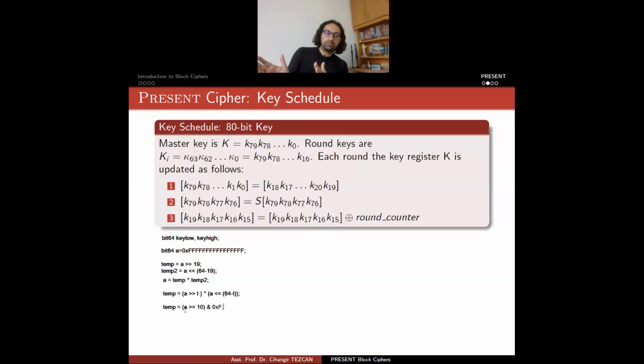Once you shifted 10 bits to the right, now it is 54 bits, but once you AND it with 4 bits of ones, you just access the rightmost 4 bits. Now you can put it inside this array and take the output value and write it here. Okay, so these are some of the things you need to focus on.